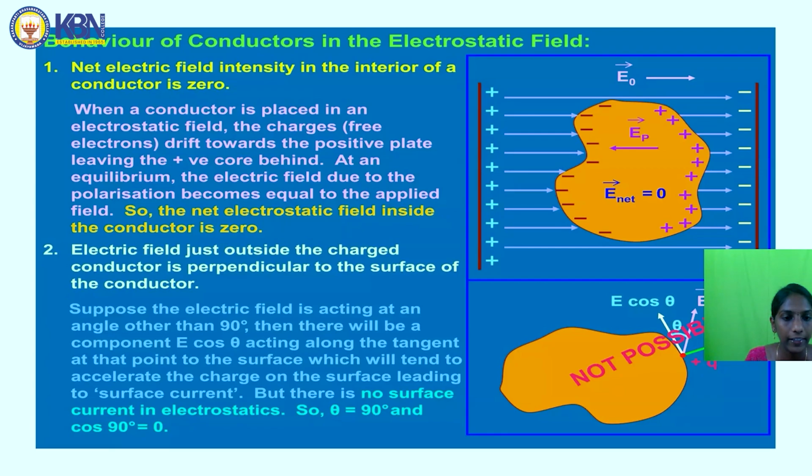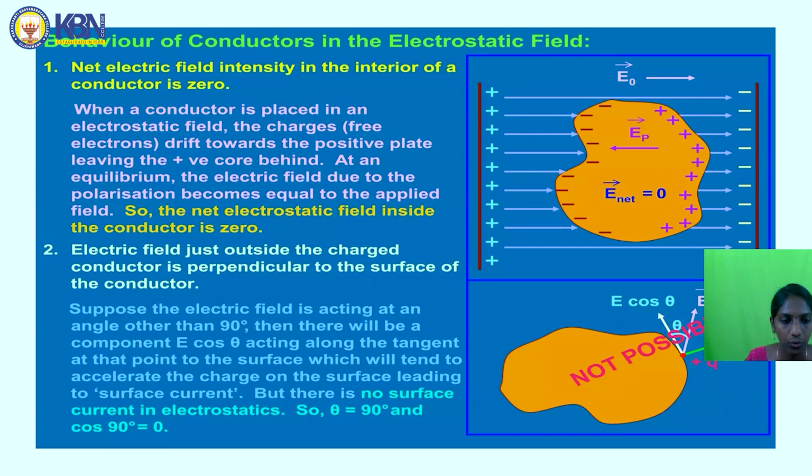The electric field just outside the charged conductor is perpendicular to the surface of the conductor. Suppose the electric field is acting at any angle other than 90 degrees, then there will be a component E cos θ acting along the tangent at that point to the surface, which will tend to accelerate the charge on the surface, leading to surface current.